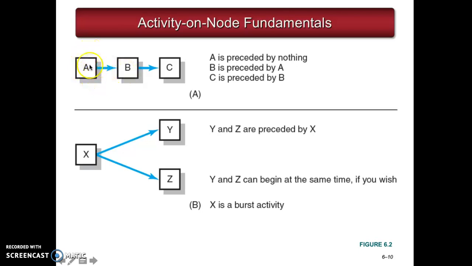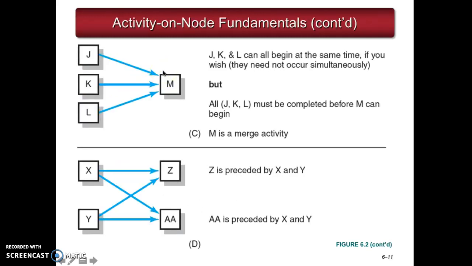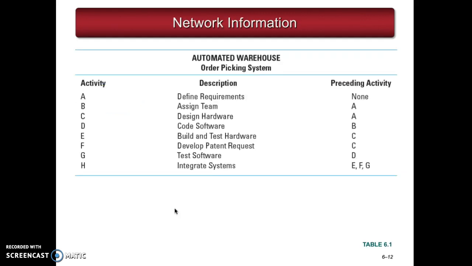But B is preceded by A, and C is preceded by B, meaning you have to finish A before you can do B, before you can do C. This is a merge activity for M, meaning you cannot start activity M until you finish J, K, and L. The next one has a crossover, and activities D and AA each have 2 preceding activities, X and Y, meaning you have to finish both X and Y before you can do either D or AA.